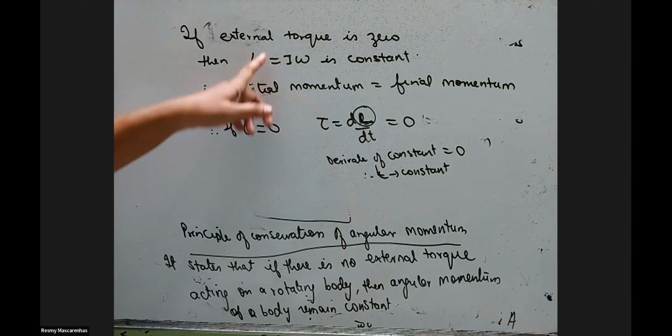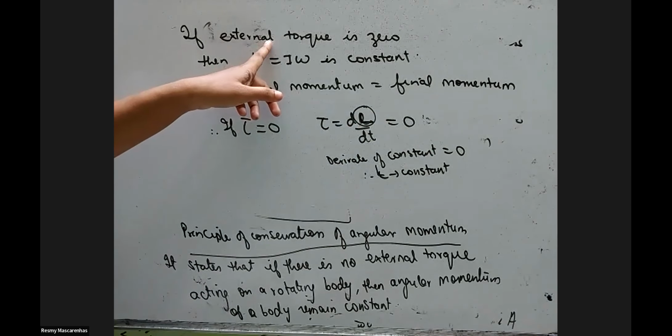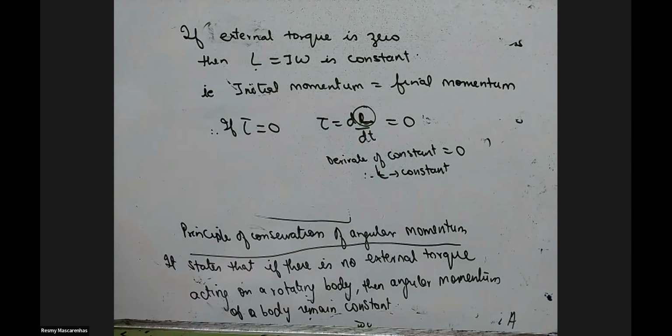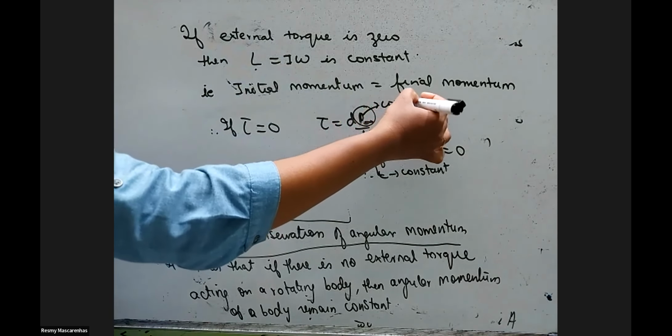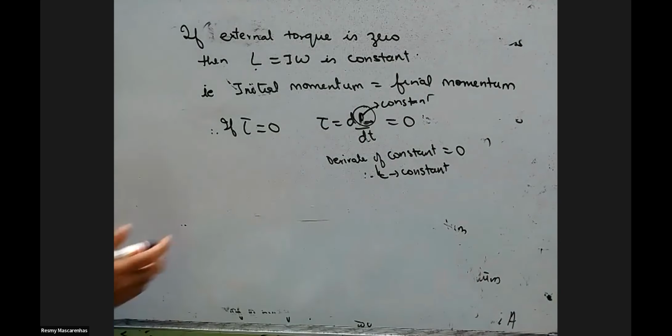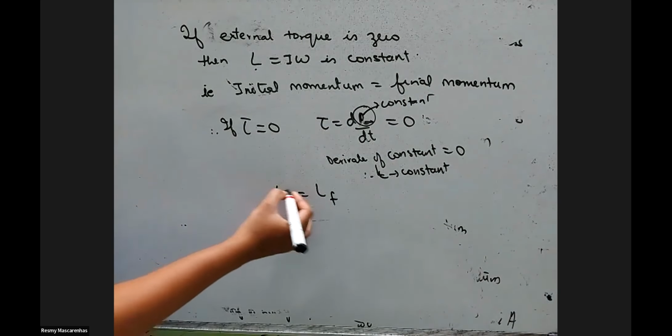Now we know that torque is zero, meaning no external force is acting on it. So if torque is zero, then dL upon dt is also zero. When will you get dL upon dt as zero? Only when L is constant, because if it is a variable, then its derivative is never zero. So therefore L is constant, and initial momentum equals final momentum. Whatever L initial is will be equal to L final.